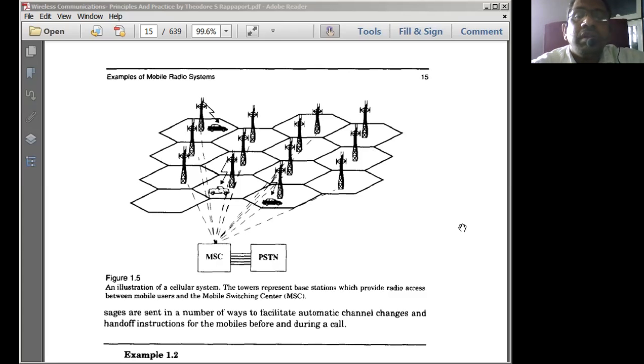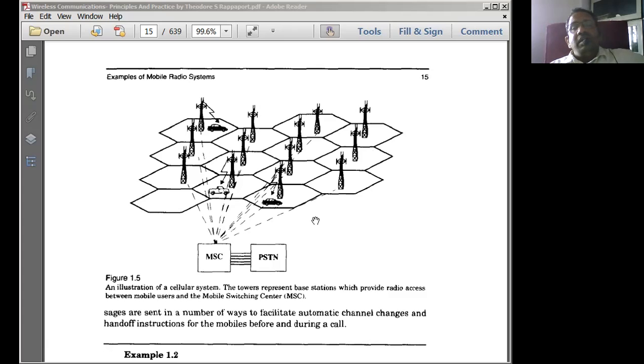If you draw the mobile system without MSC and PSTN, it is known as the structure of the mobile cellular system, whereas this is nothing but the architecture of the mobile radio system or architecture of the cellular system, basically.